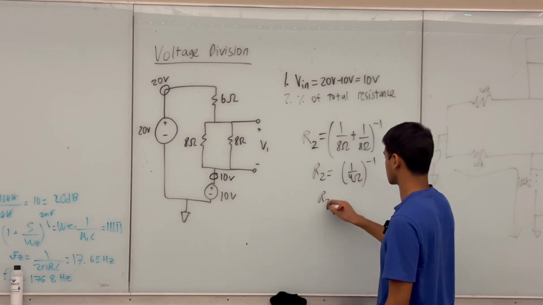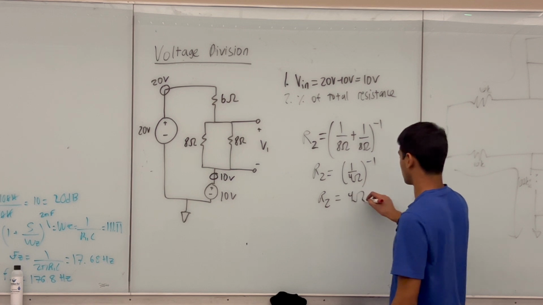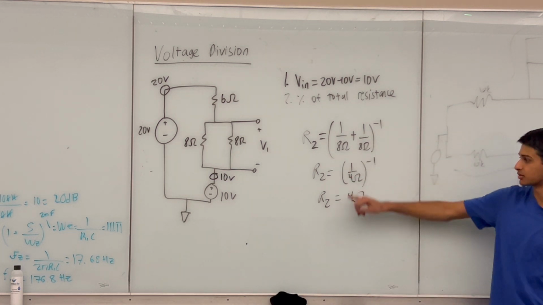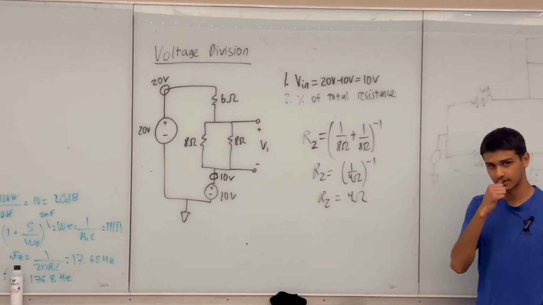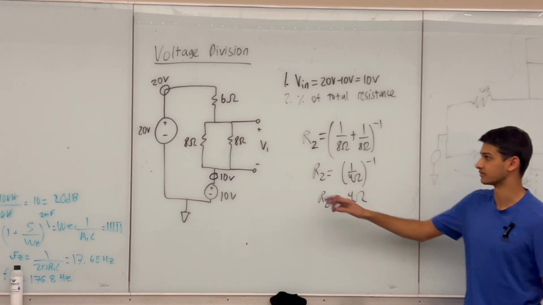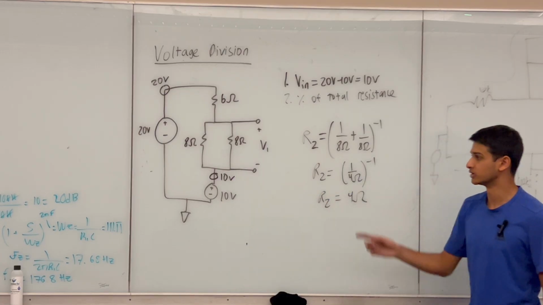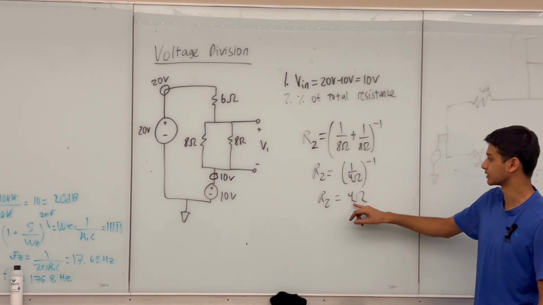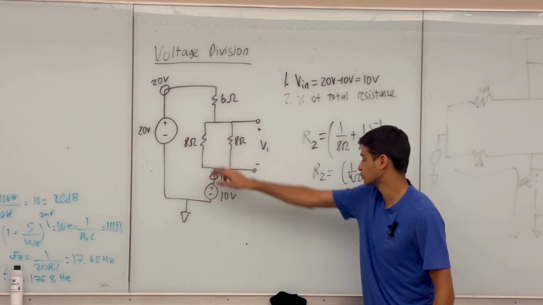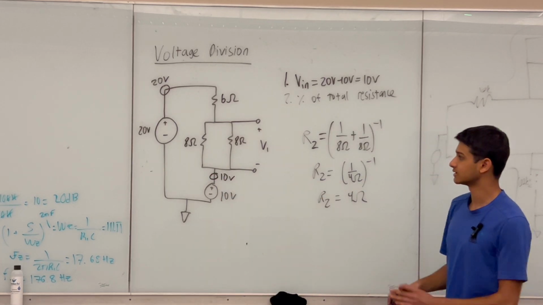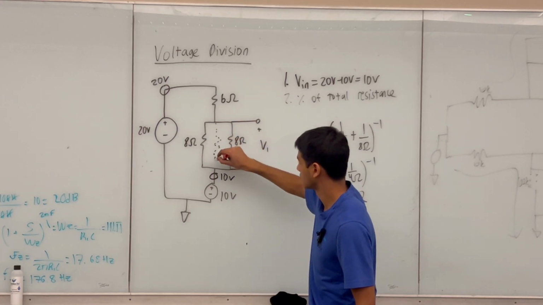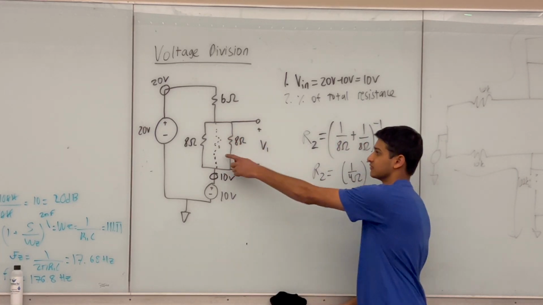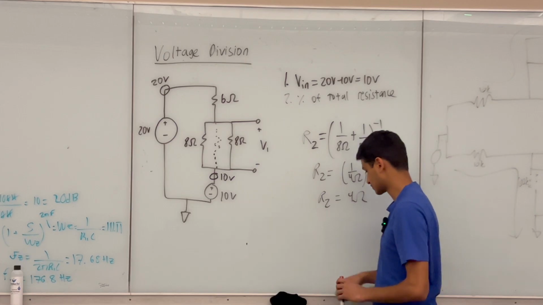Taking the inverse gets you an R2 of 4 ohms. So if you follow this process, you can simplify these two resistors into one resistor that's the equivalent resistance of these. I'm just going to redraw that circuit, but replace these two resistors with R2. And if I replace that resistor like I'm showing you here, it's going to have the same V1 applied across it. So I'll redraw that now.